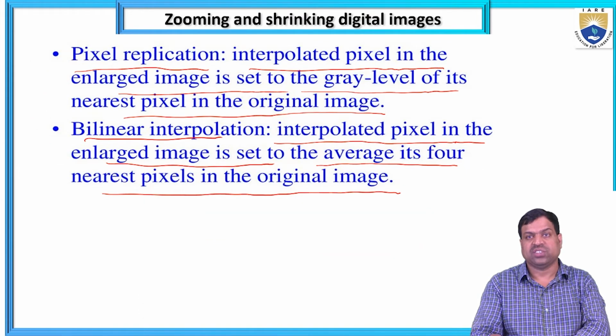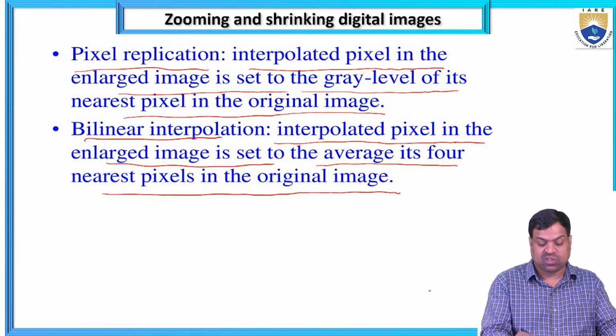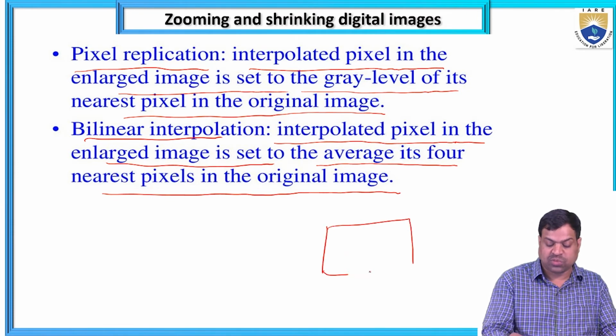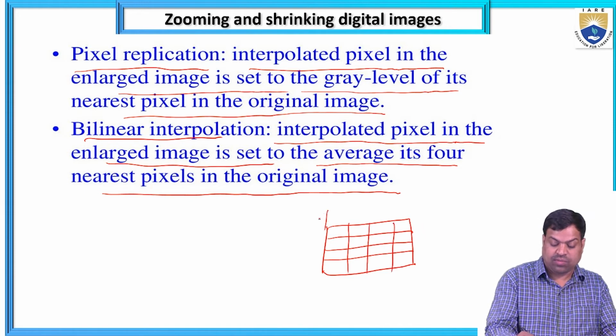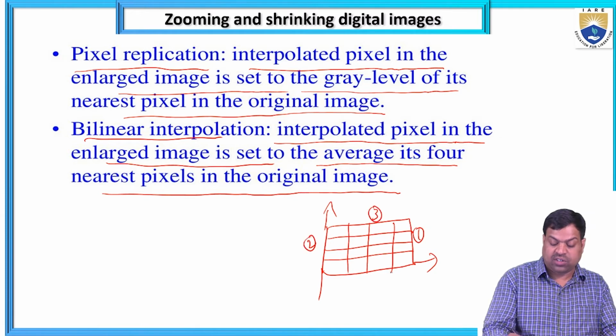In pixel replication, the interpolated pixel in the enlarged image is set to the gray level of its nearest pixel in the original image. In bilinear interpolation, the interpolated pixel in the enlarged image is set to the average of the 4 nearest pixels in the original image. Why 4 nearest? Because it is one side, upper side and down side.